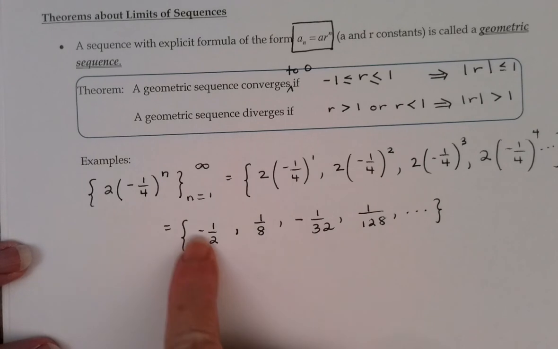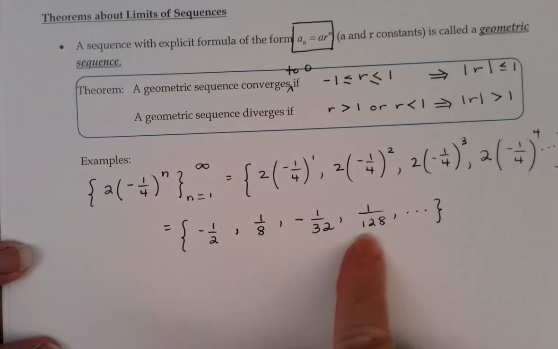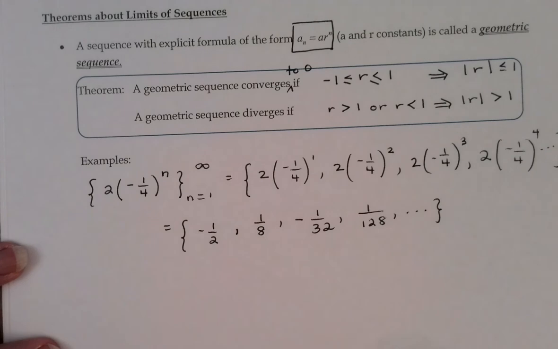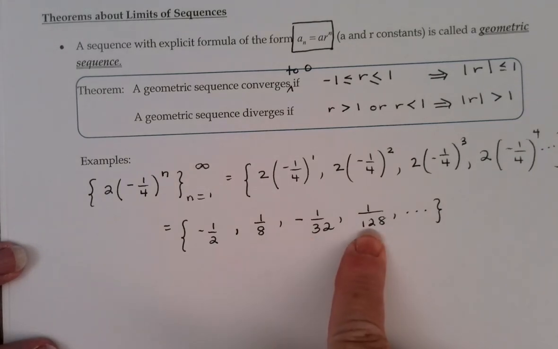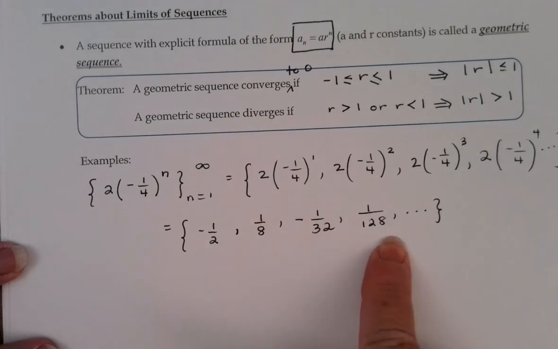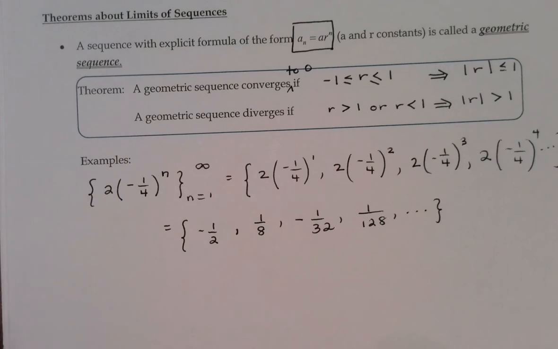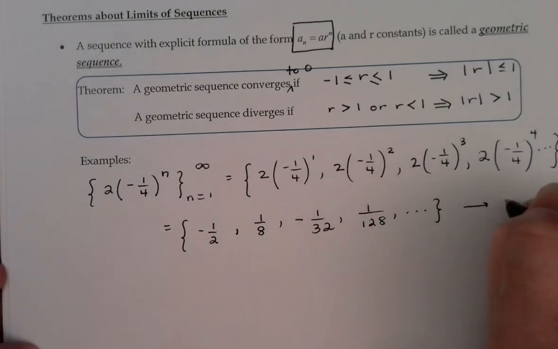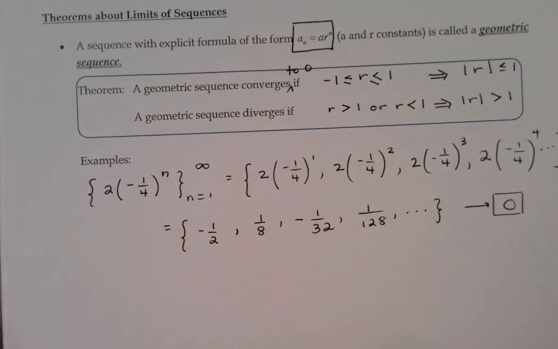Notice that despite the fact that they alternate, ignoring the signs for the moment, these fractions definitely are getting closer and closer to 0, right? The denominators keep getting bigger, meaning the fraction keeps getting smaller. So how does that fit with our theorem?